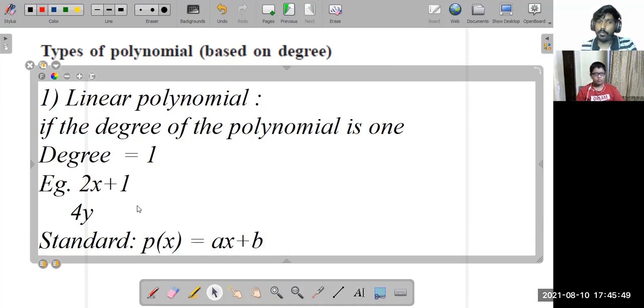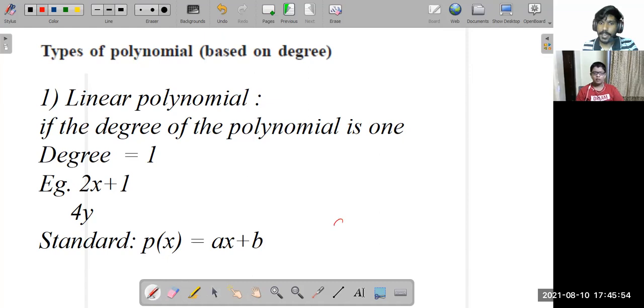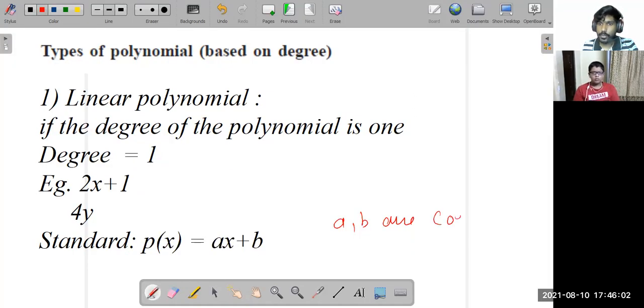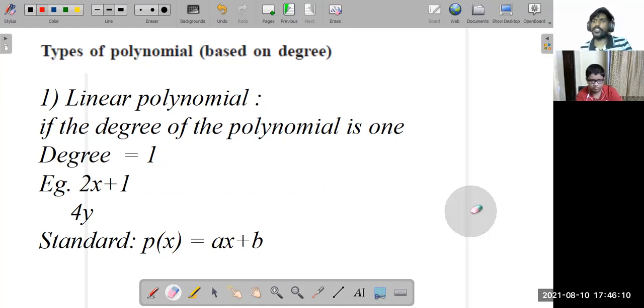Now here, a and b are coefficients. You remember, right? Standard form means that whenever I say a linear polynomial, it should look like this.